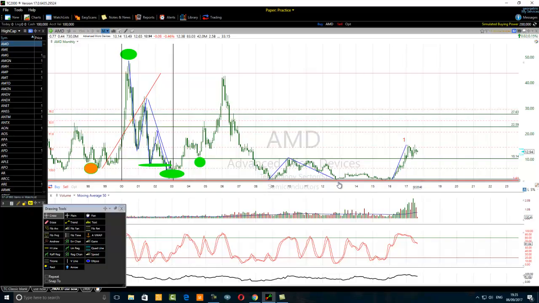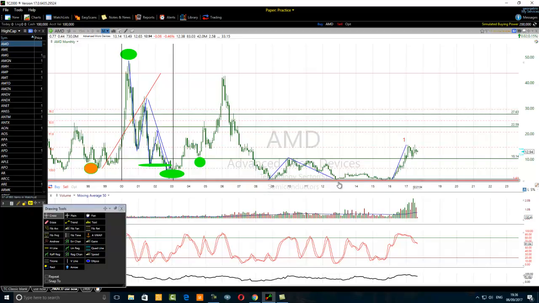An irregular first wave is likely to be extended. Doesn't mean that it's guaranteed that it will be extended, but in comparison to a normal first wave, the irregular first wave has more chance to be extended. What is the difference between the irregular first wave and the normal first wave?